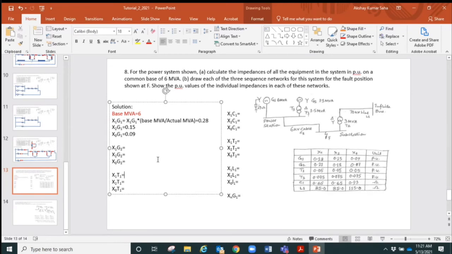And these days it's easy with computers and cameras: take a photo, take a snapshot, snip, copy, paste. That's easy, and you will be very good at that. There is no doubt about that. So what are the values of x1, x2, and x0 of G2?